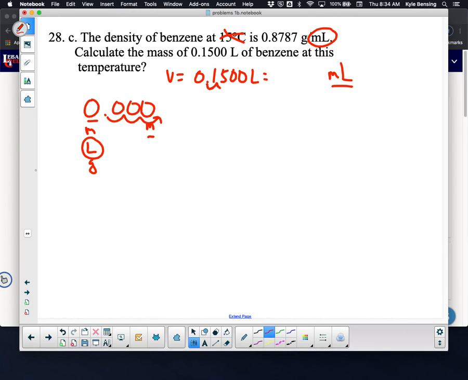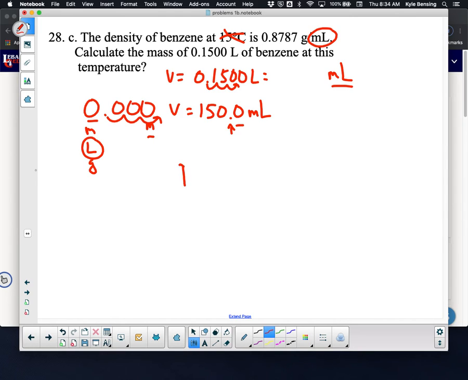My number moves 3 places to the right, and what I have then is my new volume of 150.0 milliliters. Yes, you must keep the 0.0, because this decimal point means it's significant, so you must actually show that. Now we just do our density problem.